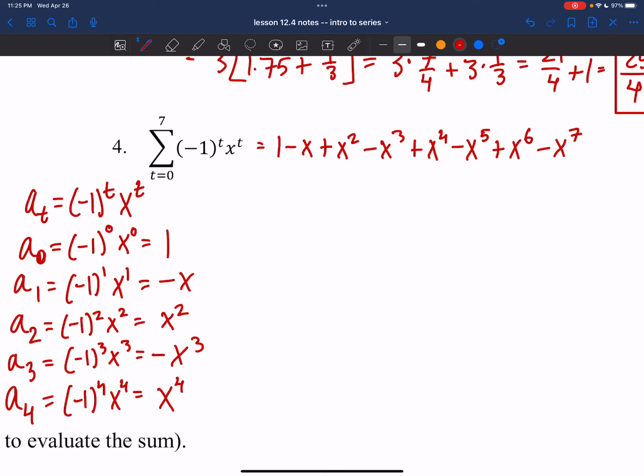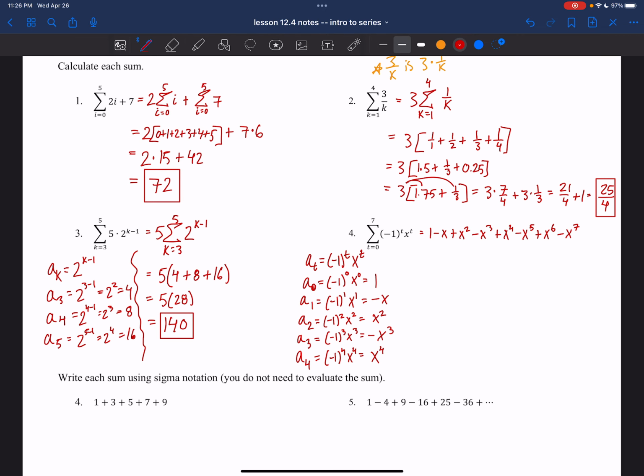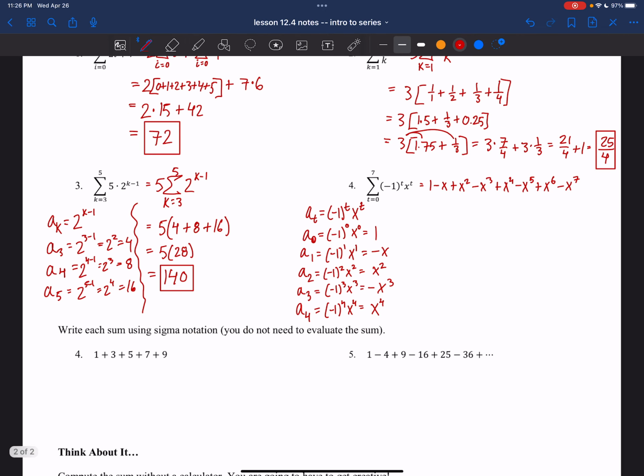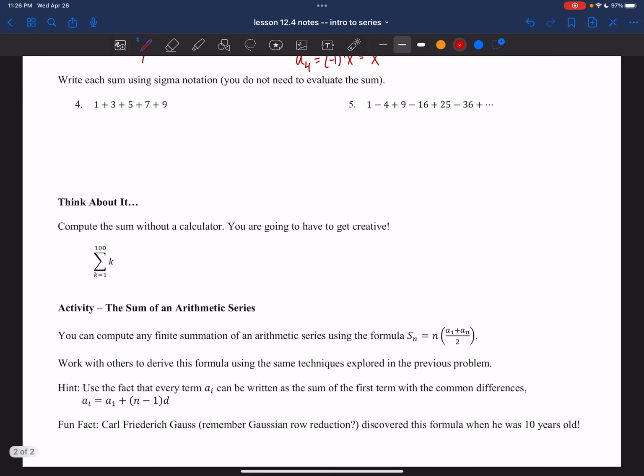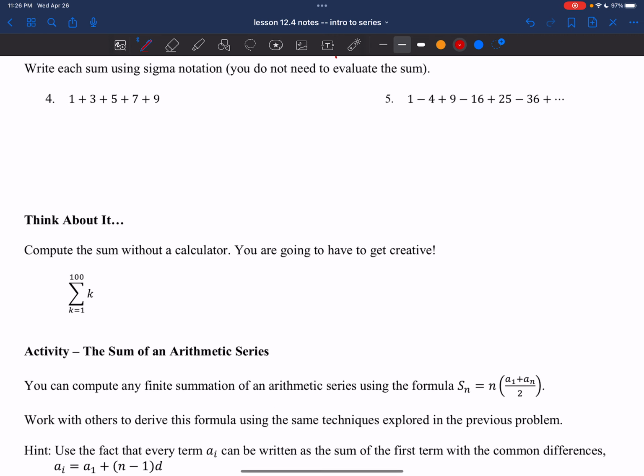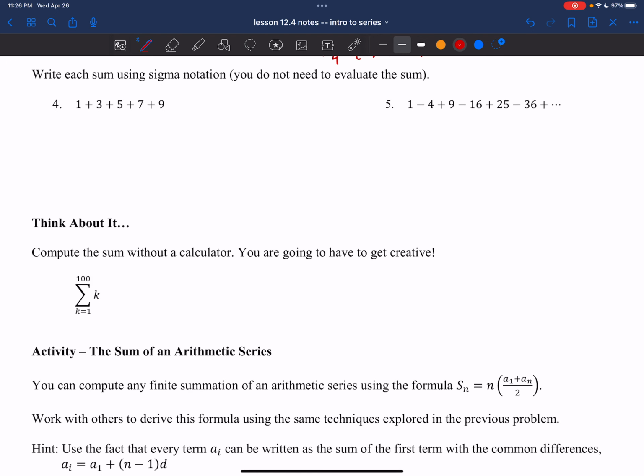I can't add any of that together because they're not numbers, so I just leave it like that, and I'm done. Finished. Okay. 2 more problems. Write each sum using sigma notation. You do not need to evaluate the sum. Cool.